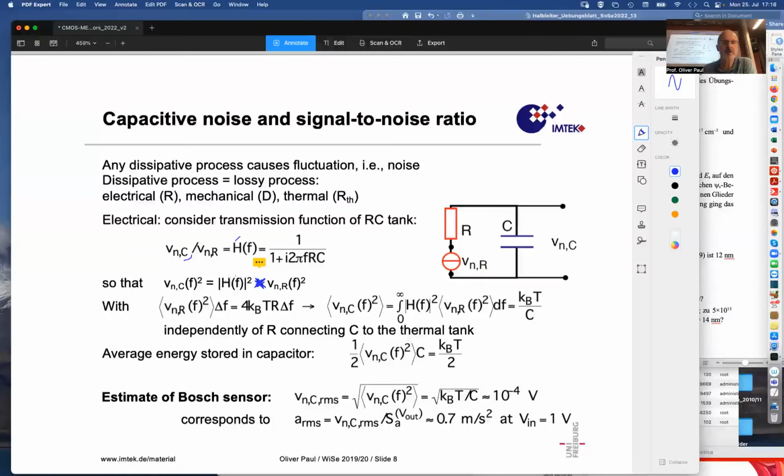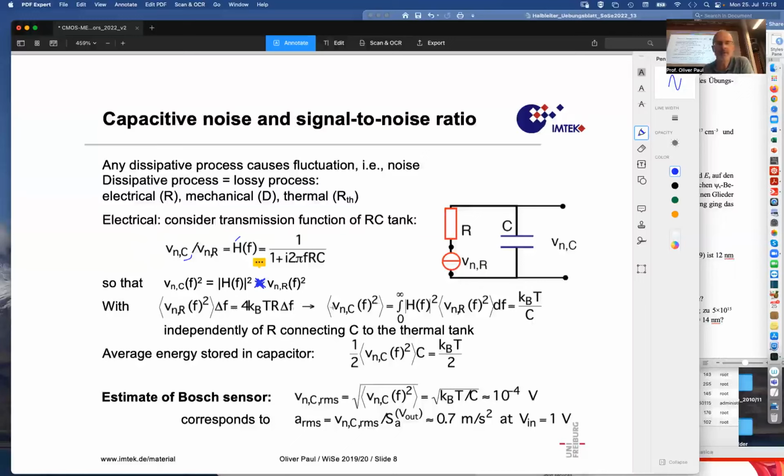It's the absolute value of H(f) multiplied by Vnr. And so if Vnr is effective over some frequency range delta F, we know what Vnr is, the spectral noise voltage density. It's 4 kBTR, which then gets multiplied by delta F.